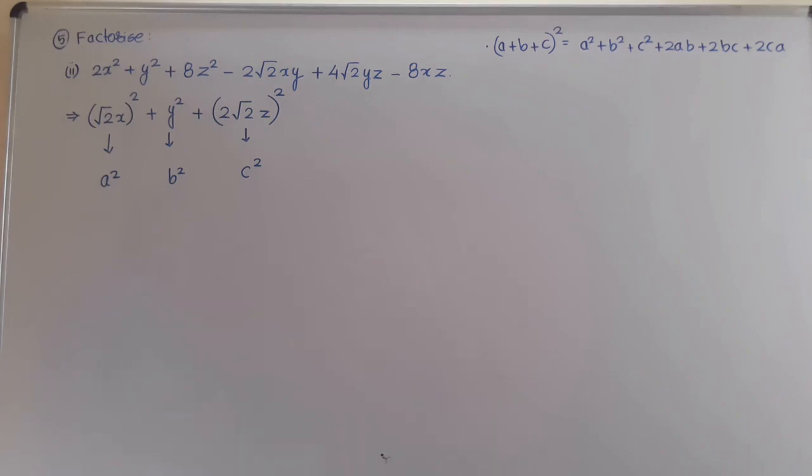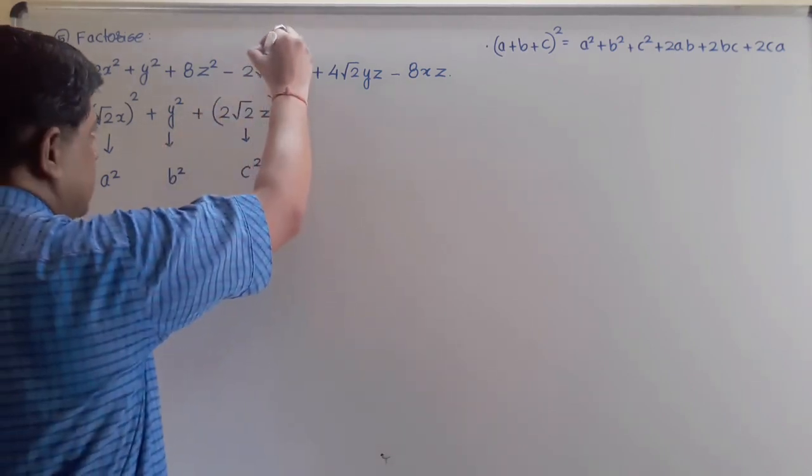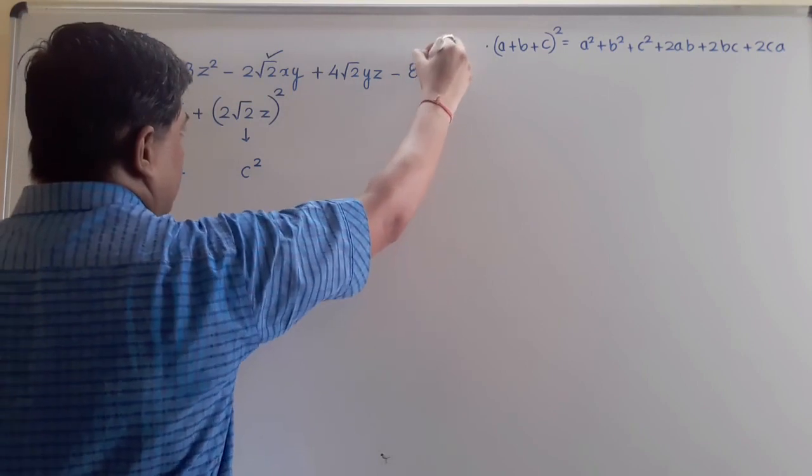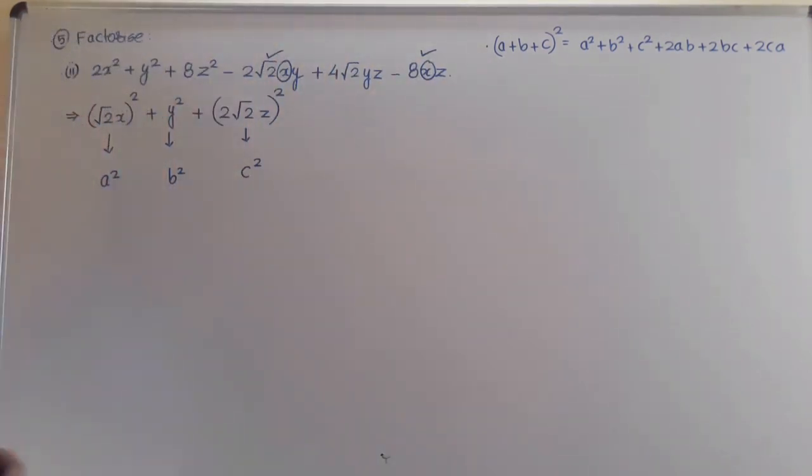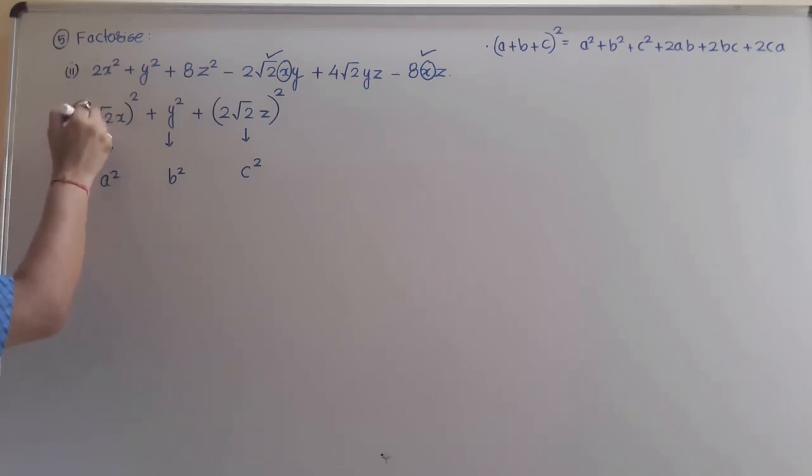So in the same way we can say that out of a, b and c, one will be negative. Who will be negative? Observe these two negative terms, this one and this one. Who is a common variable? X is a common variable, so we can say that the term containing x will be negative, so this will be negative here. So here in front of root 2x I will put up the minus sign.